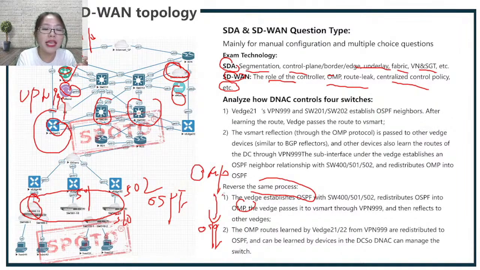So the OMP routes are learned by vHub21 and 22 from VPN 999 and redistributed to OSPF and can be learned by devices in the DC. So the DNAC can manage the switches. Okay, can you understand this?